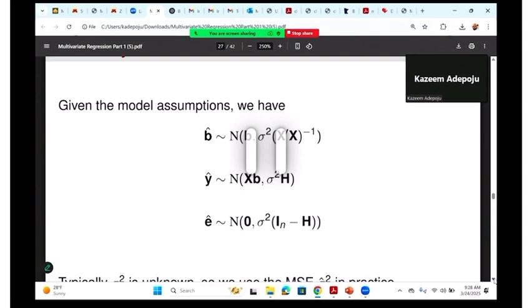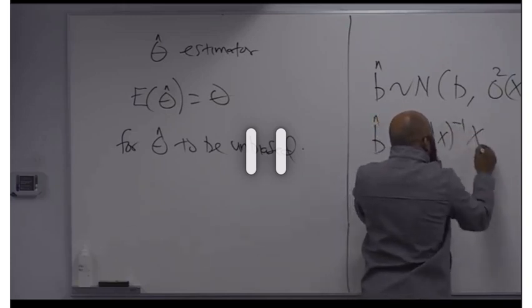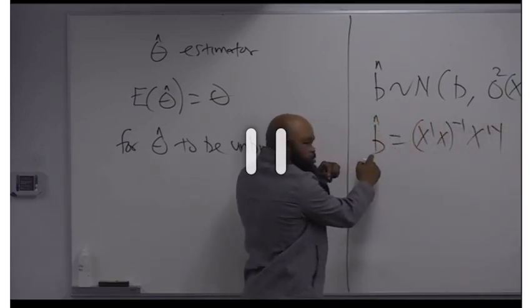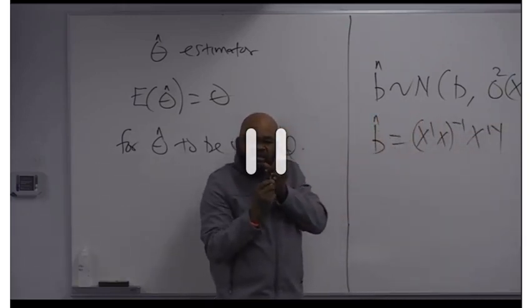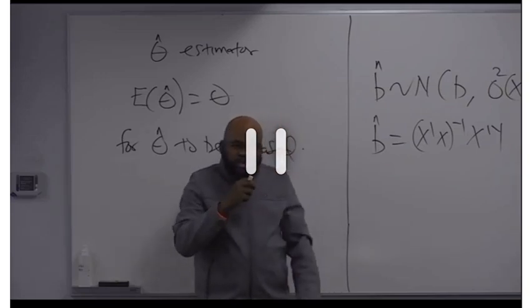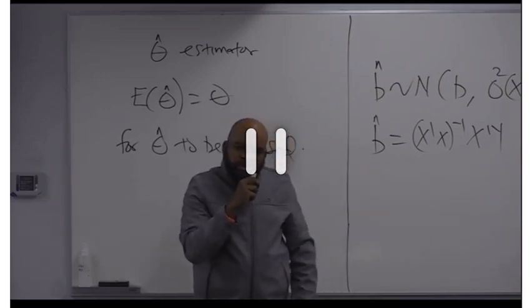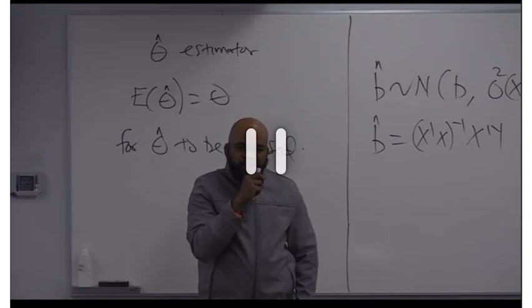I want to prove that because B cap, which we derived, is an estimator. An estimator will give different results when you use it on different training data.